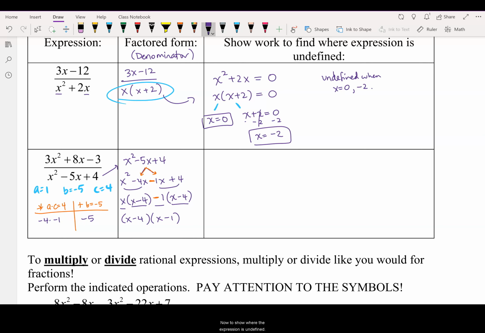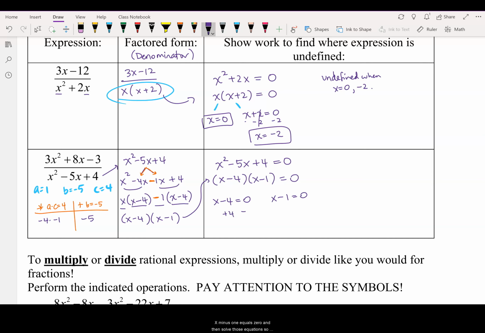Now to show where the expression is undefined, the denominator x squared minus 5x plus 4 equals 0, and we're going to replace the denominator with our factored form, x minus 4 times x minus 1. And just like before, using that zero product property, x minus 4 equals 0, x minus 1 equals 0, and then solve those equations.